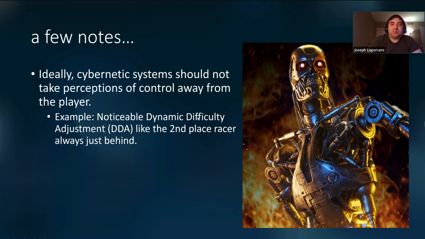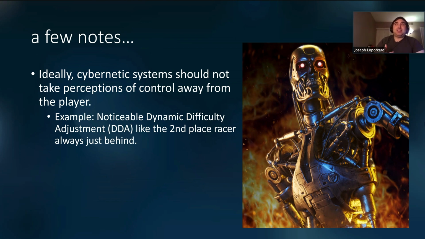One example that's particularly easy to pick out, again in racing games, is when they foster this stability, this artificial competition, by, let's say, always having the second place racer just behind the first place racer. So if you're in first place, no matter how good you do, that computer opponent is always right behind you.